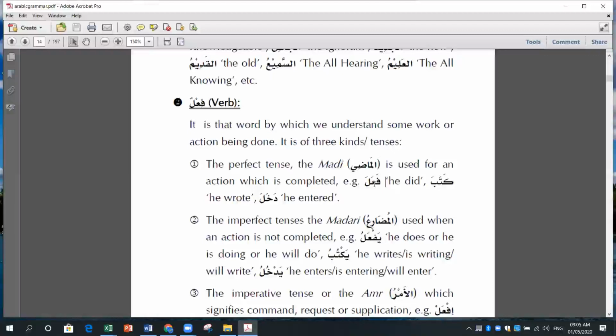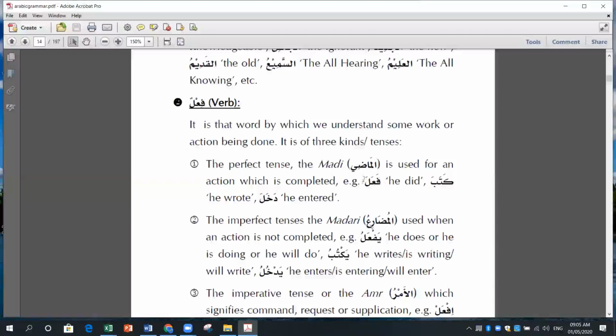These are the total three possible scales. And any word that comes in fi'l madi will follow one of these three scales, right? The sound will be like either fa'ala or fa'ila or fa'ula, right?